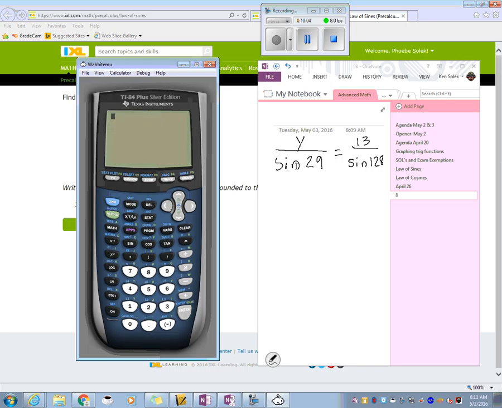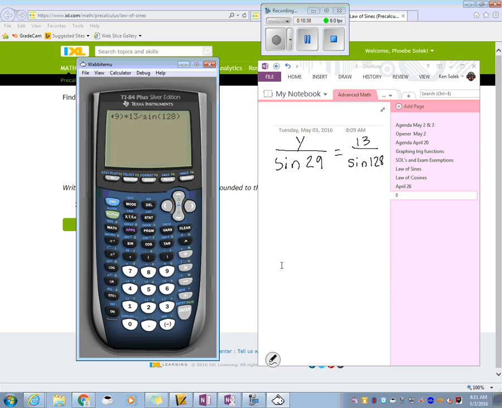So it's the sine of 29 times 13. Now notice I'm not pressing equals. You could, but then you'd have to do more keys. So times 13. And then don't we have to divide by this piece according to cross products? So if you just hit divide now, the sine of 128, and close your parentheses. Okay?